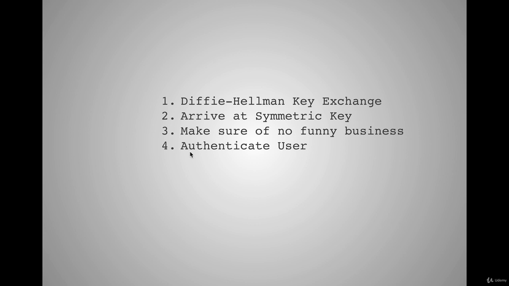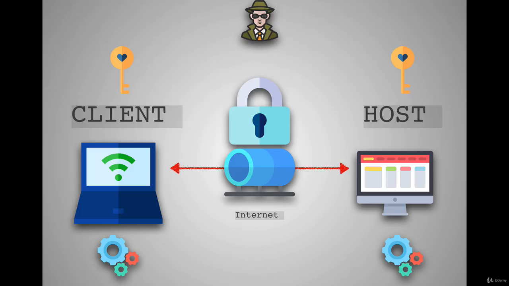Or we could use SSH keys and something called RSA, which allows us to prove the identity of the person without a password. So you see now how these 4 steps using those 3 technologies, the symmetric encryption, asymmetric encryption, and hashing, are able to combine all of these together to make sure that we can communicate securely.